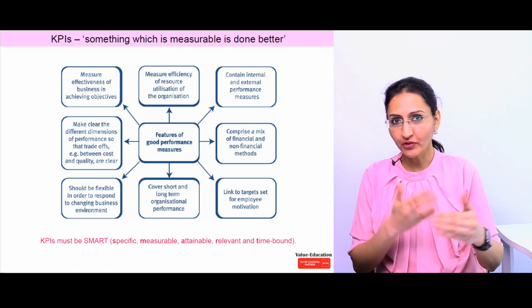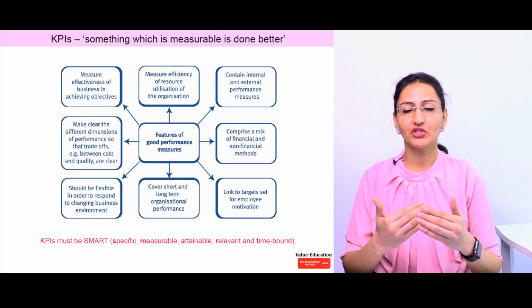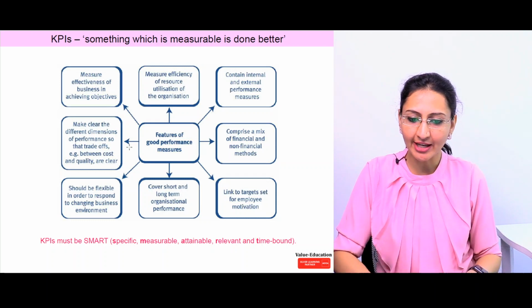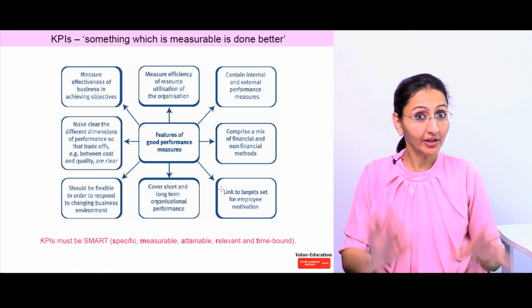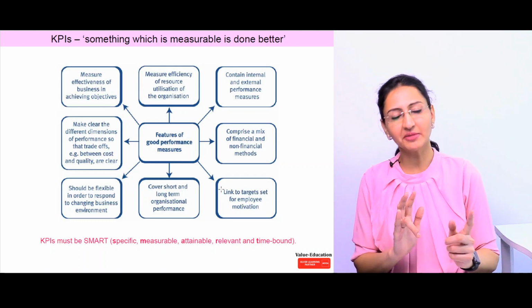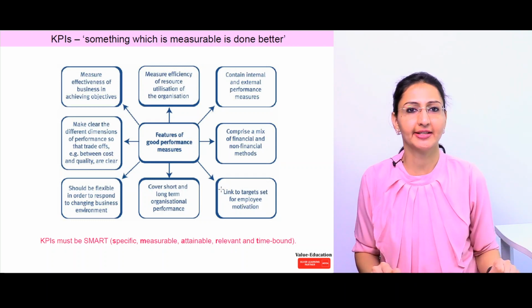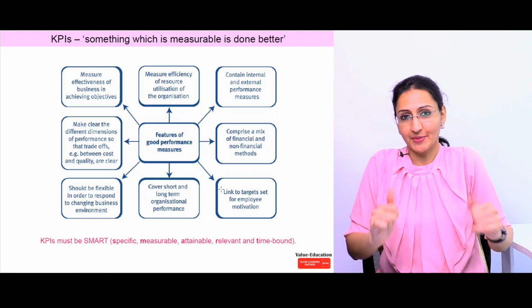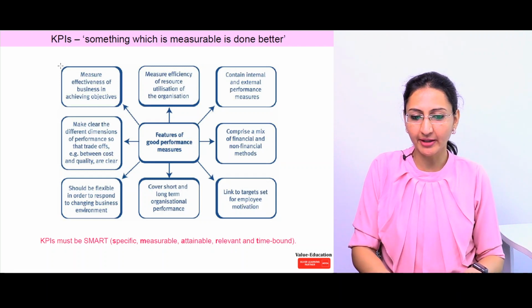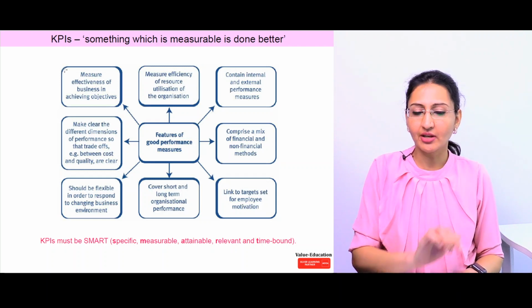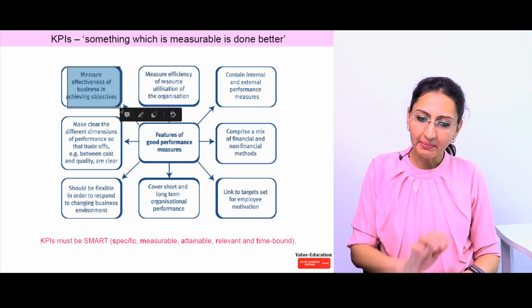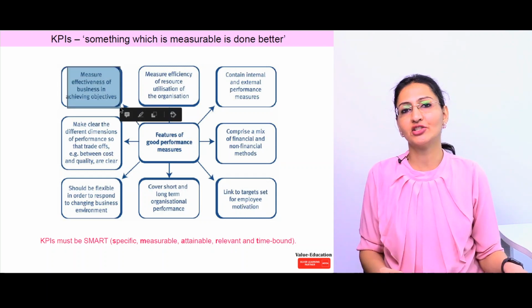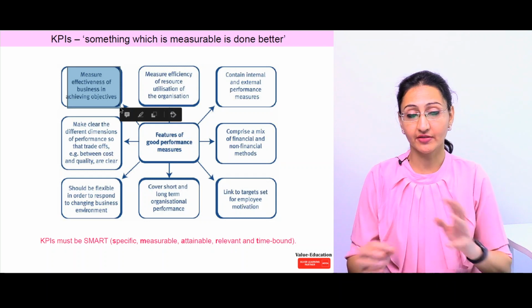Now, where do we find the features, or what can we say that these are good performance measures? What are good performance measures? The performance measures which have got these characteristics are good performance measures. Now, let's see one by one. Performance measures which can measure effectiveness of business in achieving business objectives.